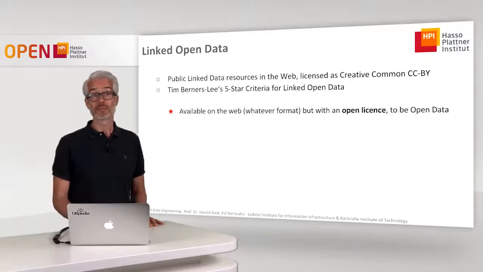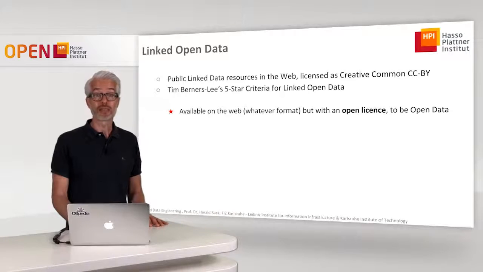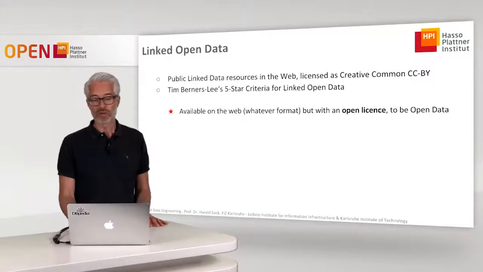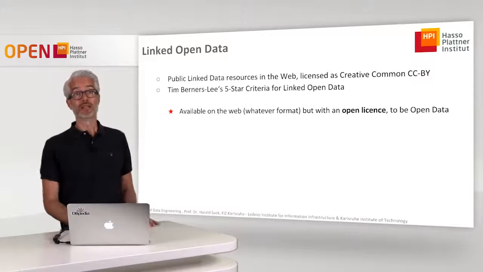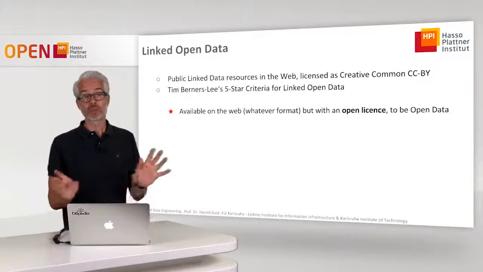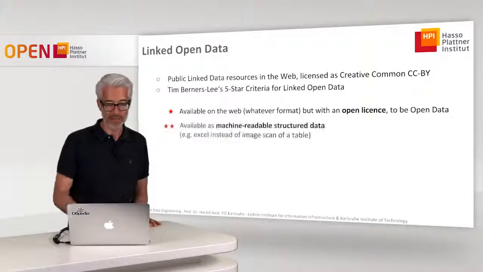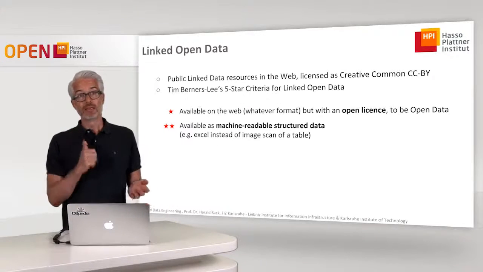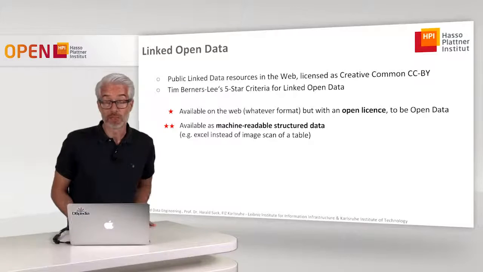And the 5-star schema goes like that: you will earn 1 star if you make your data available on the web with any kind of open license. Then it's open data, it's 1 star linked open data, no matter what kind of format you use. So you can also use some proprietary format, for example. It's 2-star data if this data is machine-readable structured data.